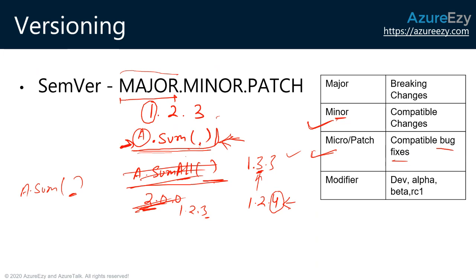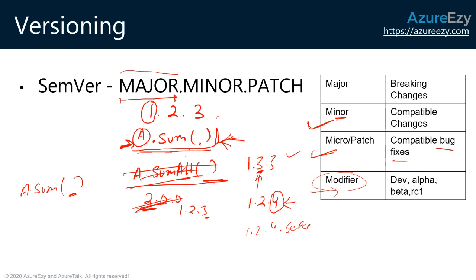And then certain packages or certain software use modifiers as well. Here we do not use a modifier, but in some cases you might have heard of 1.2.4 beta or alpha or release or RC1, based on the functionality. So sometimes they will release 1.2.4, but they will call it dev because it is not yet productionalized. I mean, it is not ready for production.